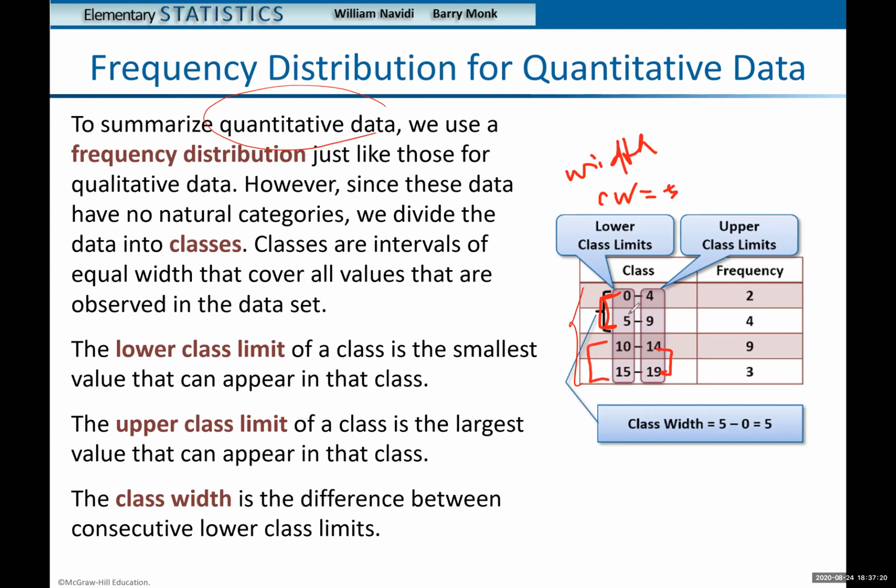Or 15 minus 10 is 5. Or 14 minus 9 is 5. Or 9 minus 4 is 5. So any 2 consecutive numbers, you should have the same number, and that is your class width. Okay? So that's the easiest way to get the class width. Sorry about my voice.